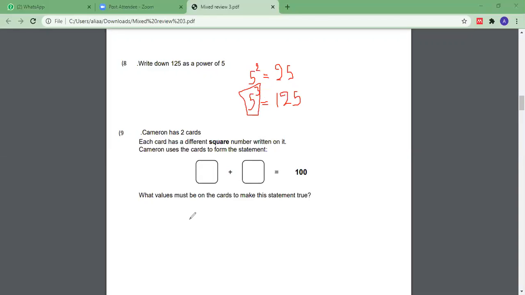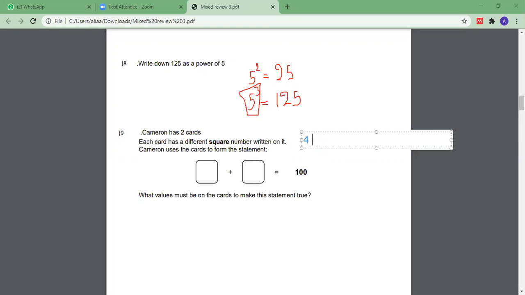Okay, Cameron has 2 cards. Each card has a different square number. This is a critical thinking question. Cameron has 2 cards. Each card has a different square number written on it. Cameron uses the cards to form the statement. Okay, I need two square numbers. Their sum is 100. Can I write for myself all the square numbers that I know?